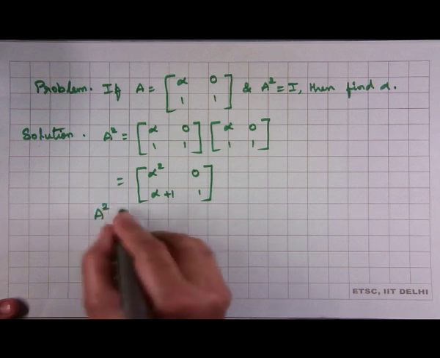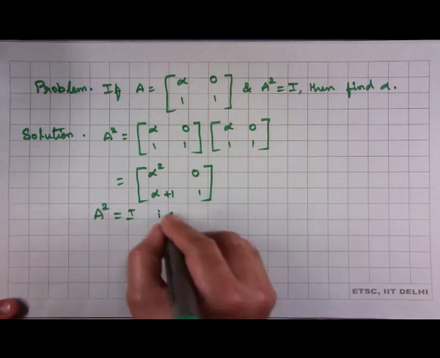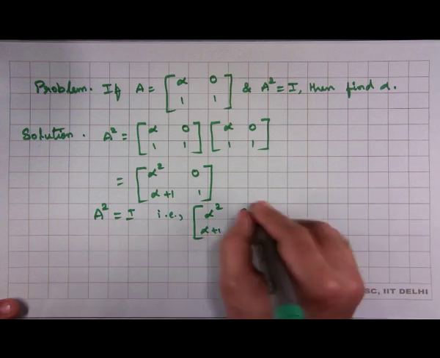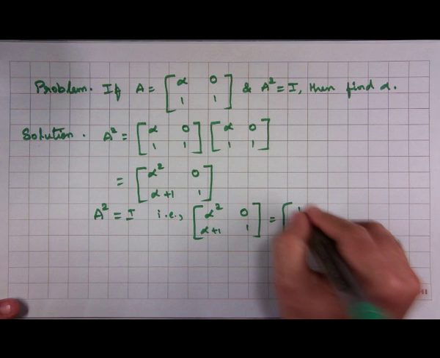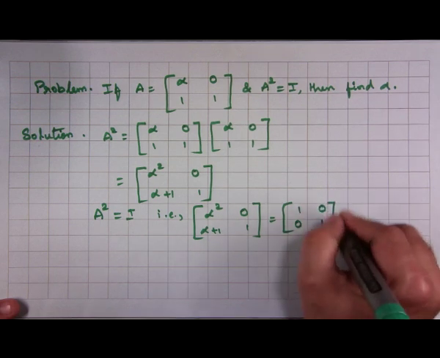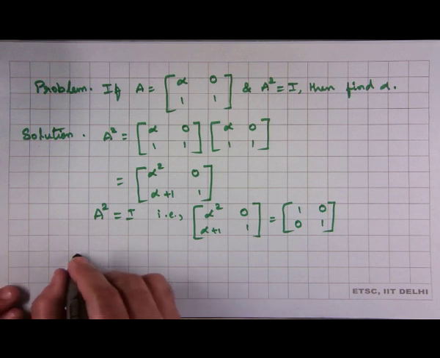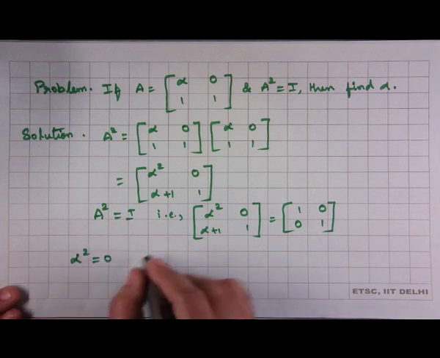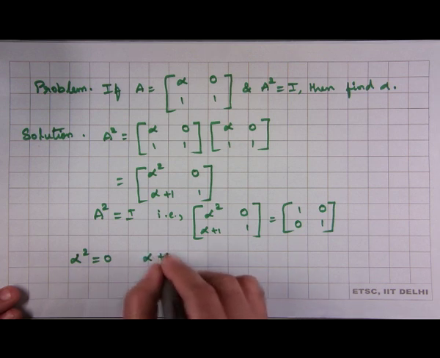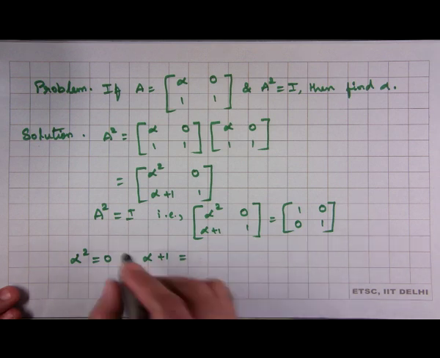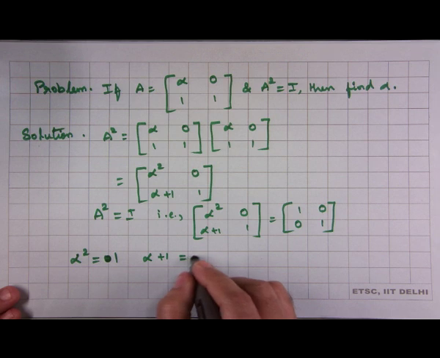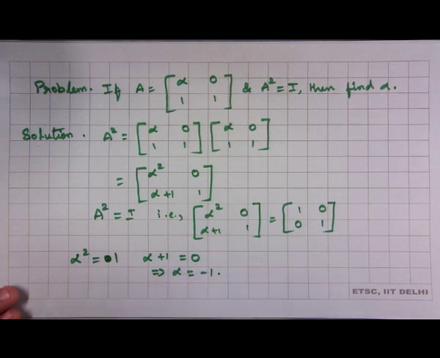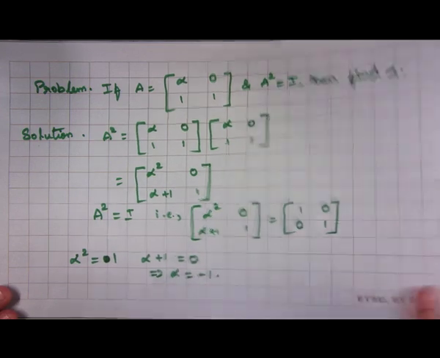We are given that A squared is identity, that is alpha squared 0, alpha plus 1 1 equals 1 0, 0 1. Comparing these two matrices, alpha squared should be 1 and alpha plus 1 should be 0. So this implies that alpha equals minus 1.